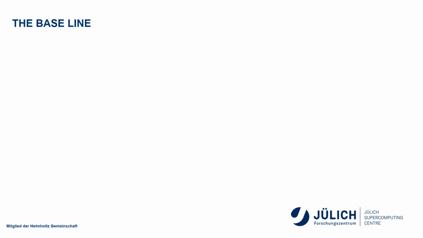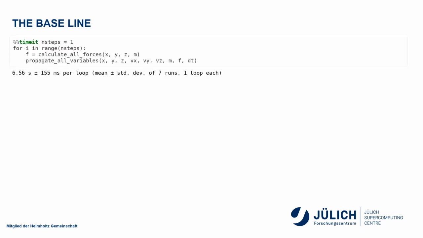That's something to watch out for. But you can only look for this if you know what your baseline is, how long your program takes without profiling. So I did that, and for one iteration, it took 6.56 seconds. All right, so keep that in mind, 6.56 seconds.